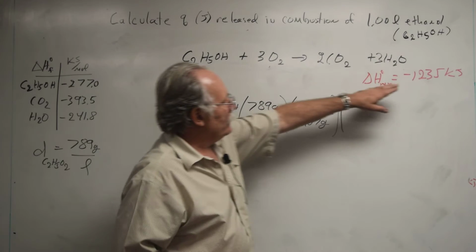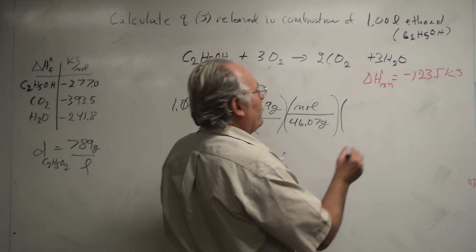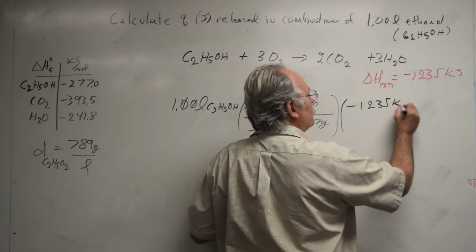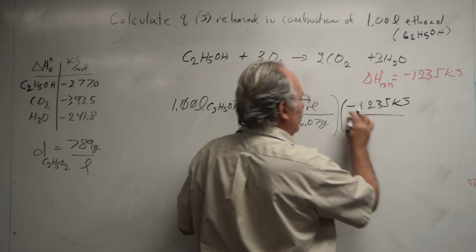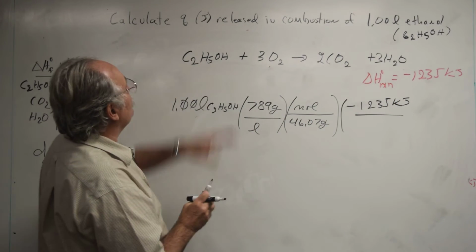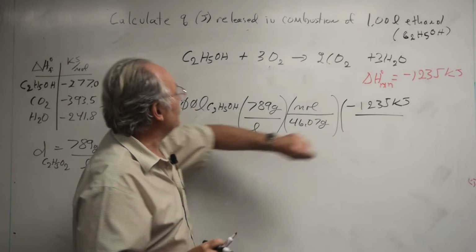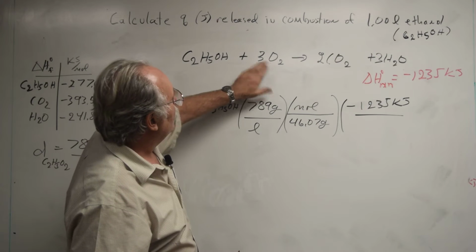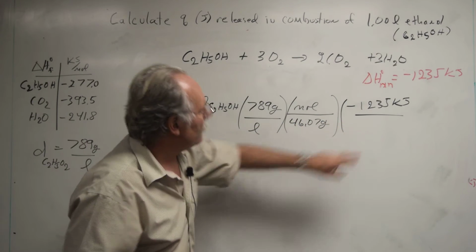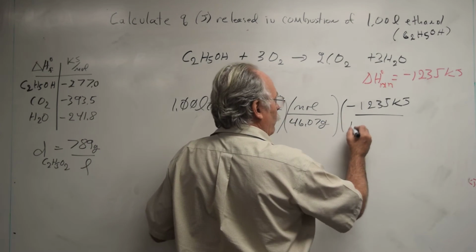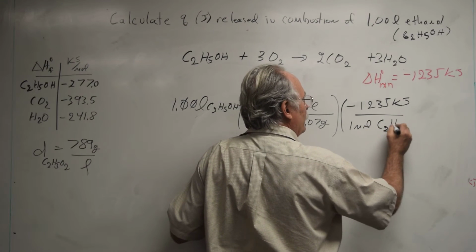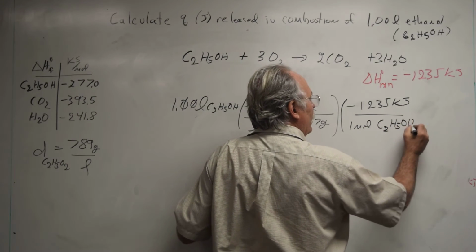Now this delta H reaction says that there's a minus 1,235 kilojoules of energy. The minus sign means the energy is released. You always have to have the proper sign in here. For every 1 mole of this. Now if it had been this, it would have been per 3 moles, okay? So it's 1 mole of C2H5OH.